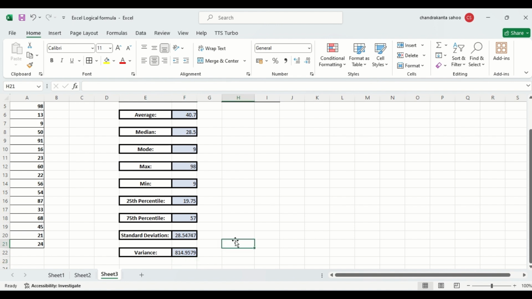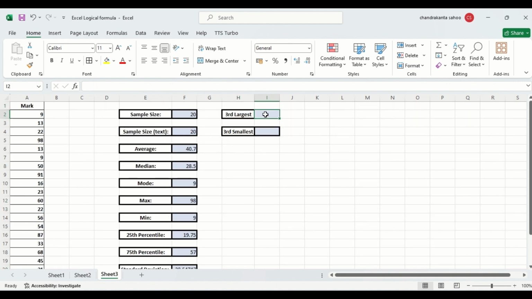If you calculate another way, you can select this and multiply it two times. I did it two times, and I got the same result also. So this is called variance.